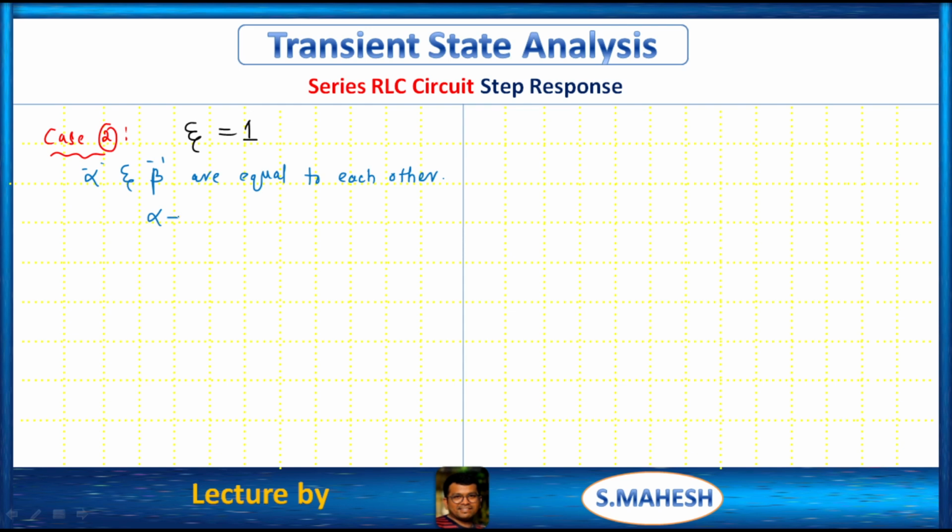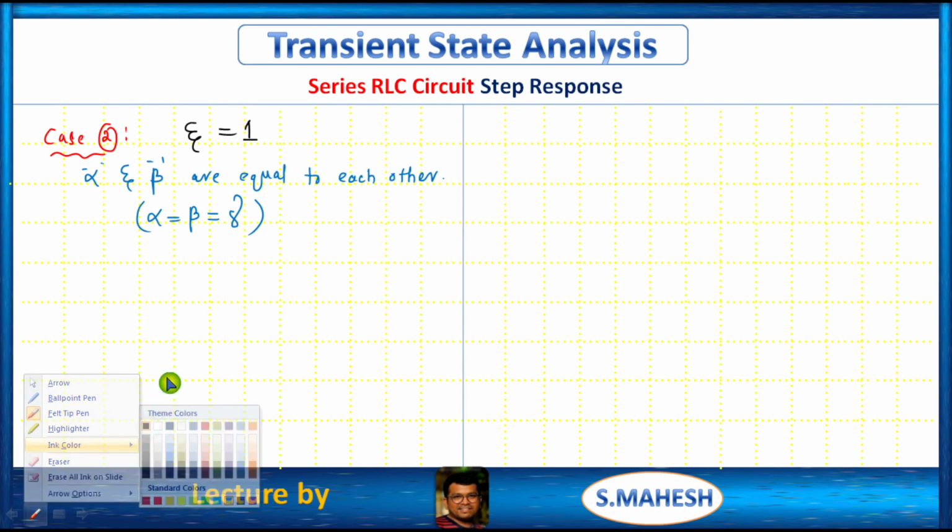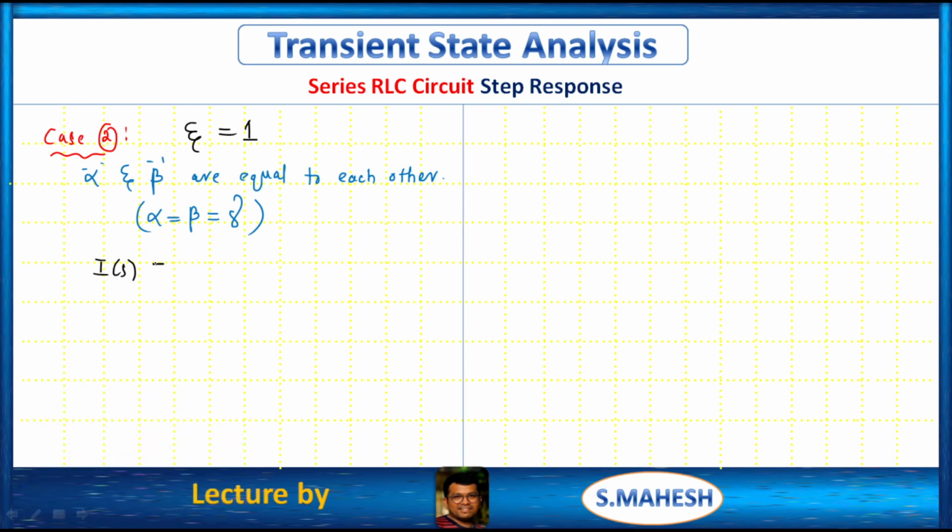That is, alpha equals beta, let us say gamma. The root is nothing but gamma. Okay, let's verify. In this case, what is I of s? Because both are equal, in place of S plus alpha into S plus beta, we have 1 by L by S plus gamma whole square, right? That's why we have to consider this.